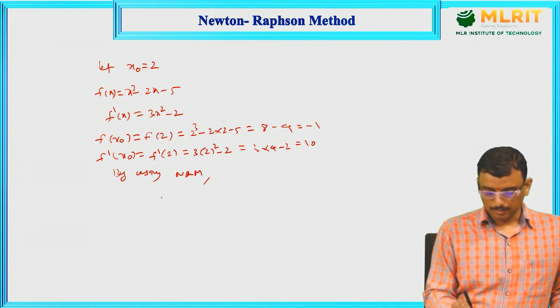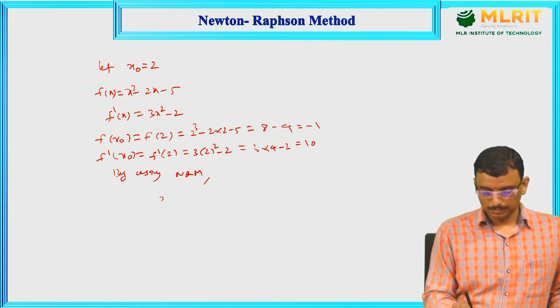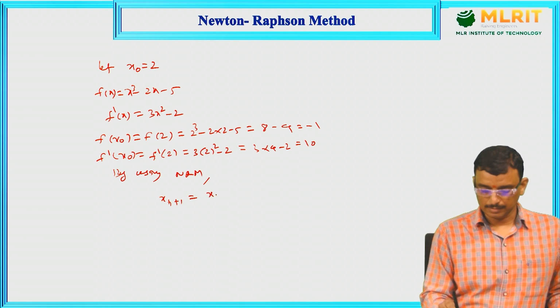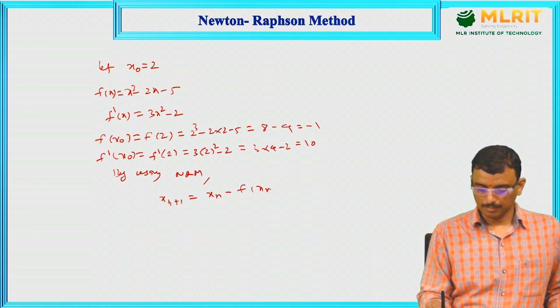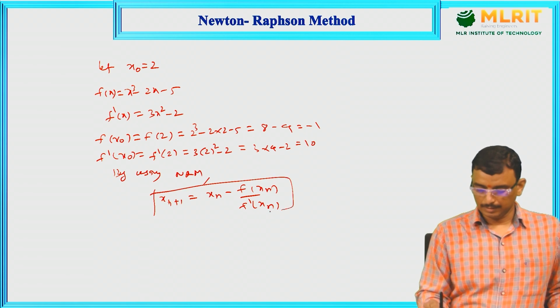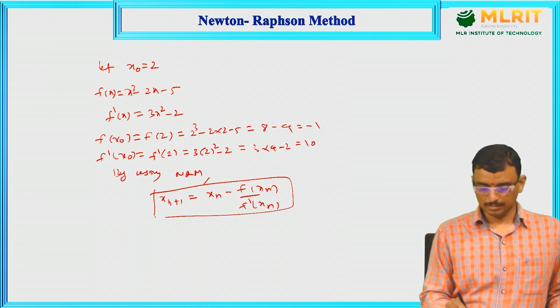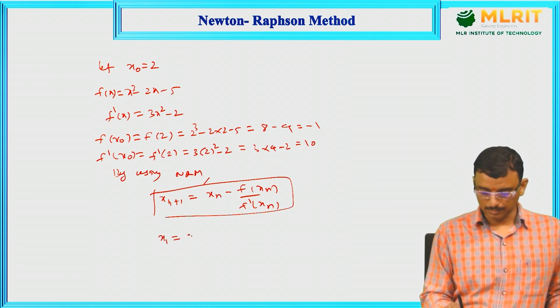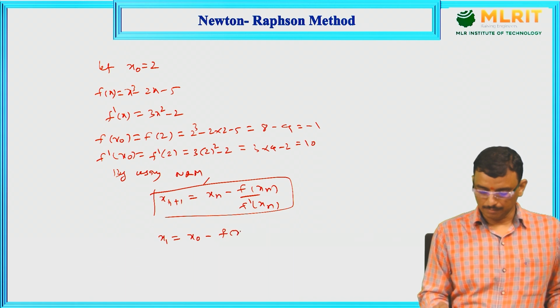Now by using the Newton-Raphson method formula, we write x1 is equal to, the generalized formula is xn plus 1 is equal to xn minus f of xn by f dash of xn. So by taking the initial iteration n is equal to 0, we write x1 is equal to x naught minus f of x naught by f dash of x naught.